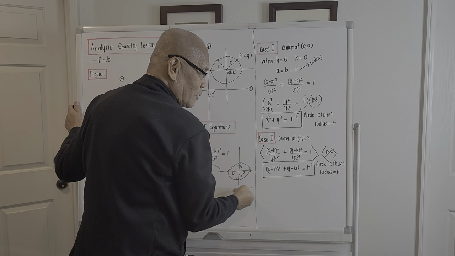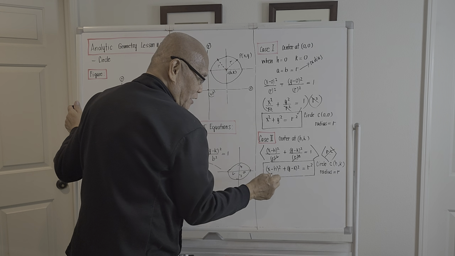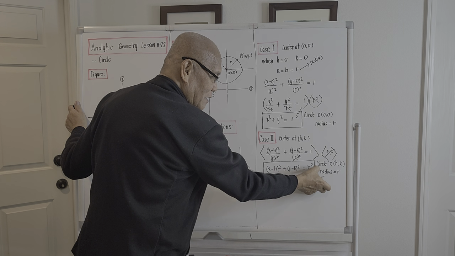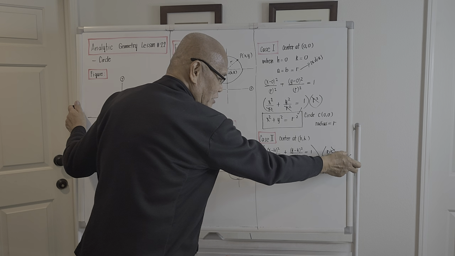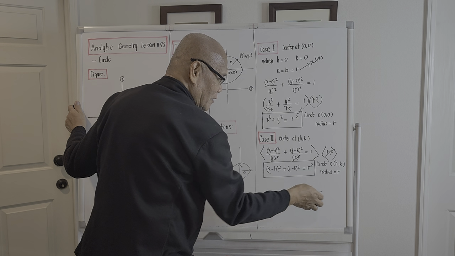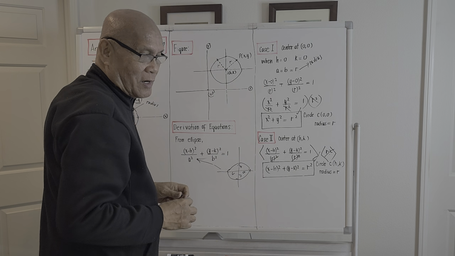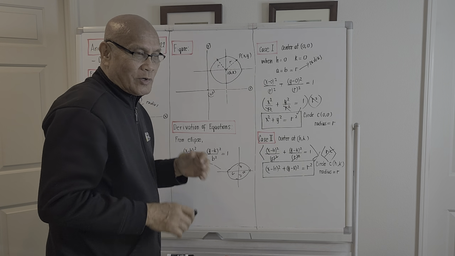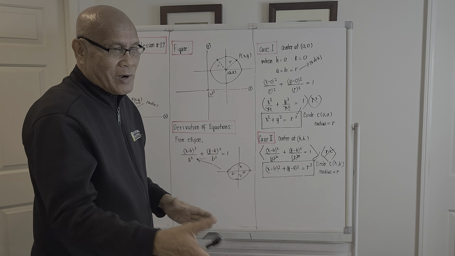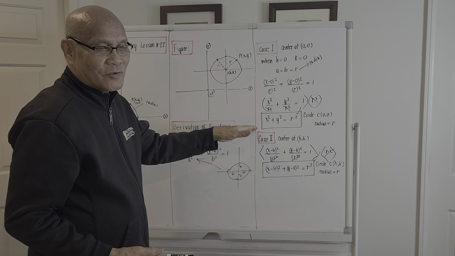And if we try to bring out the designation of this equation here, it is an equation of a circle, the center is at h, k, in which the value of the radius is equal to r. This will be equation number 2. So for the study of circle, there are only 2 equations which we must memorize. Okay, the first one is this one, center at 0, 0.